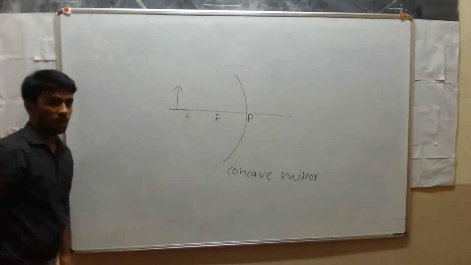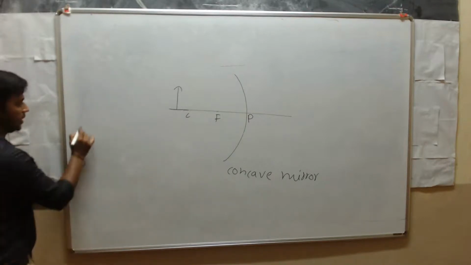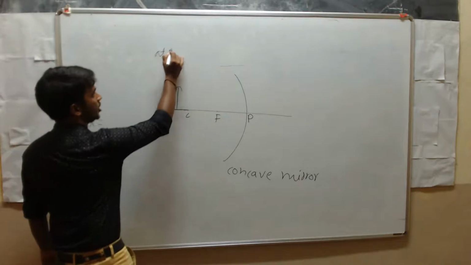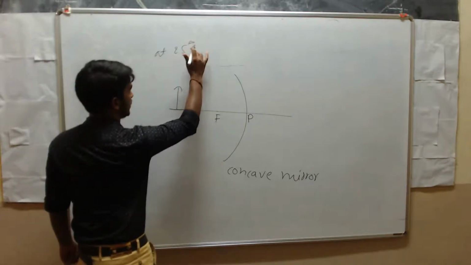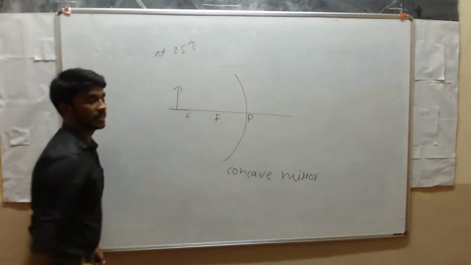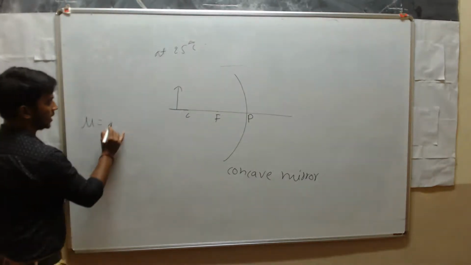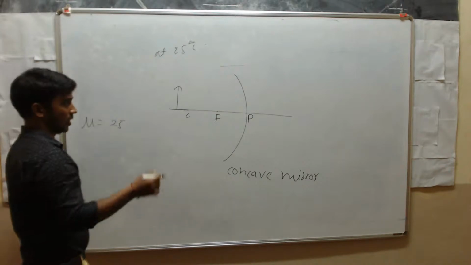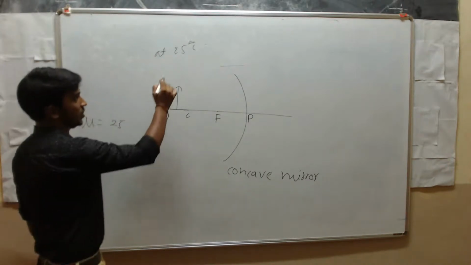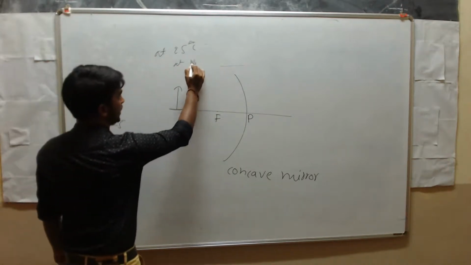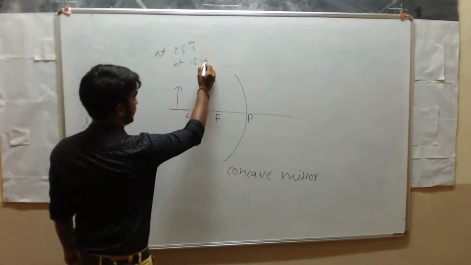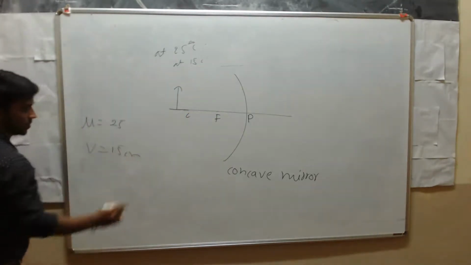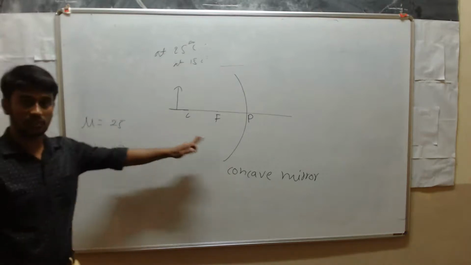While solving problems, you can't take values directly. For example, if the problem says the object is placed at 25 centimeters from the mirror, you can't directly take u = 25. Or if the image is formed at 15 centimeters from the mirror, you can't take v = 15 centimeters. Here you have to follow the sign convention.